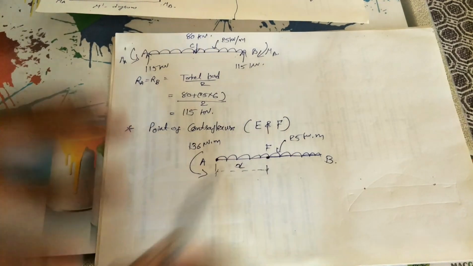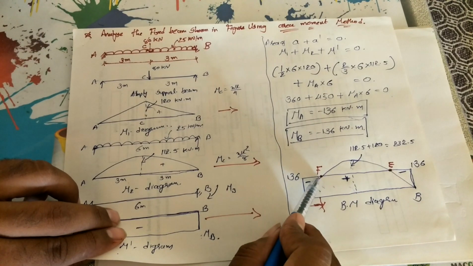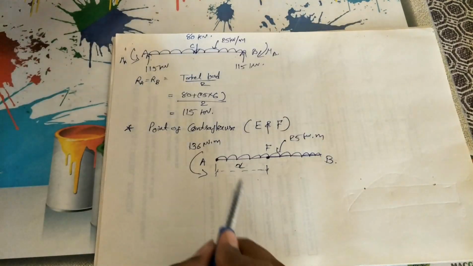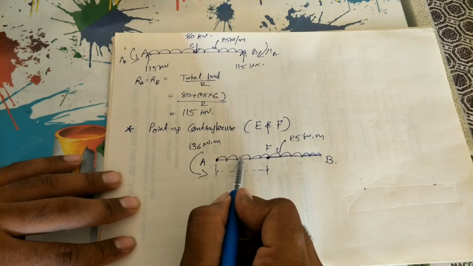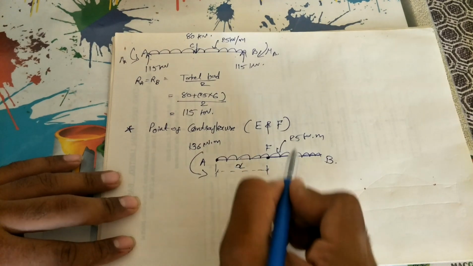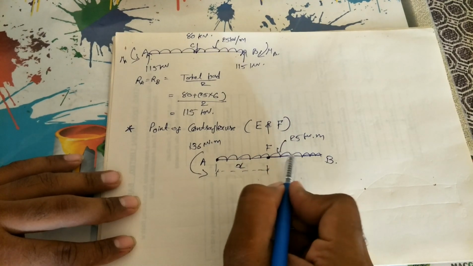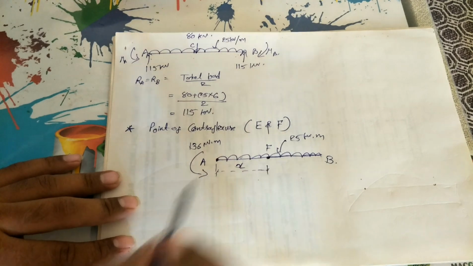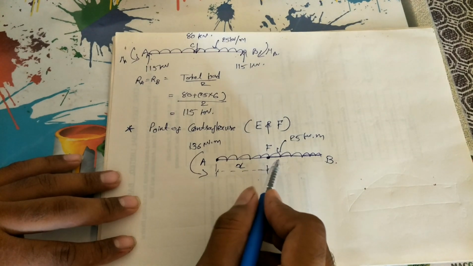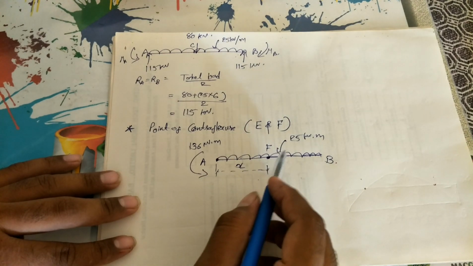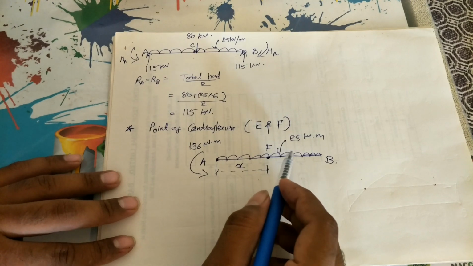This distance is F. Up to this point I have this UDL. I am not including the point load because the point load is at the center, and the point of contraflexure here will not pass through the center, so there is no need to consider the 80 kilonewton point load.